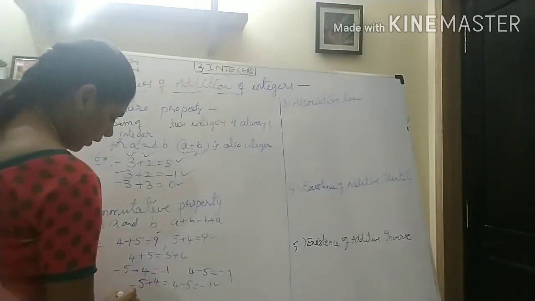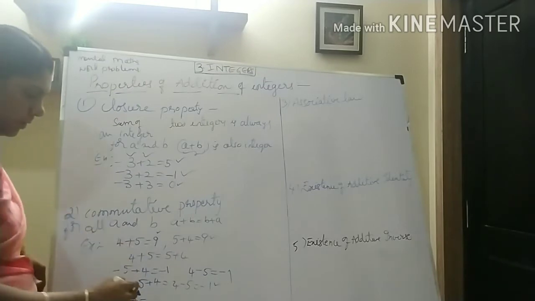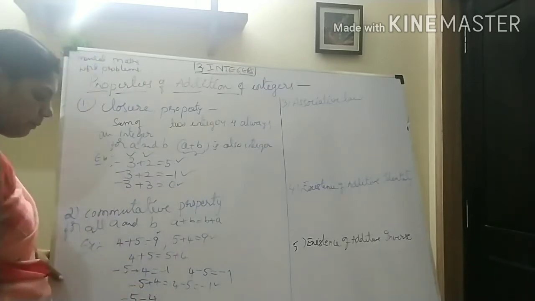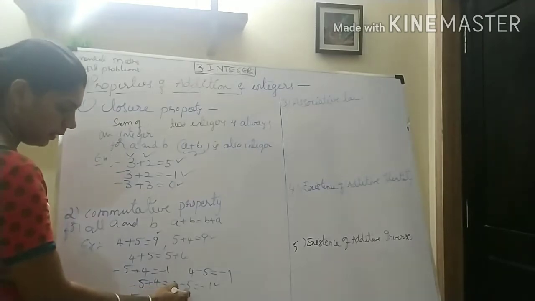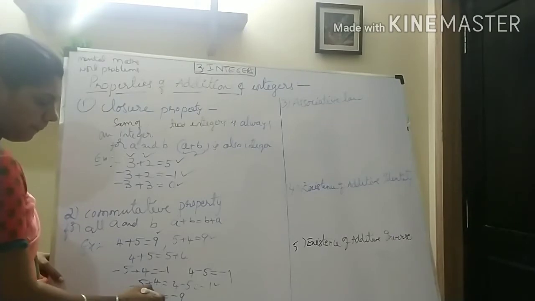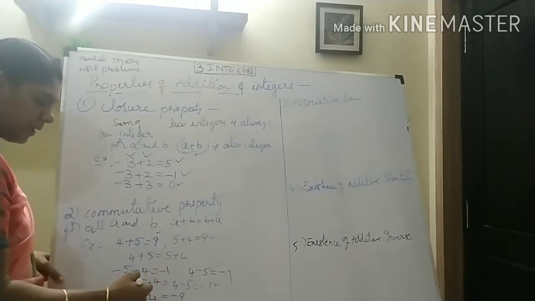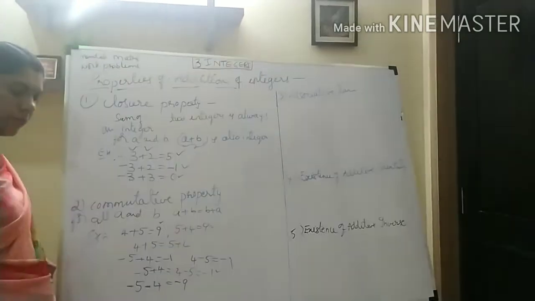See, with both negative numbers: minus 5 and minus 4. How much here? Minus 9. If we have both negative signs or both plus signs, you take the same sign and then add the numbers.